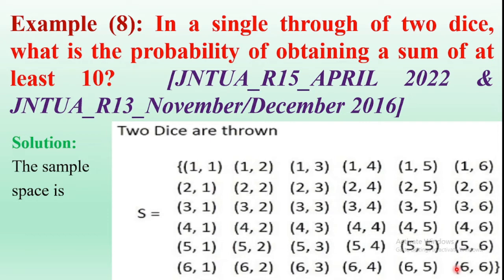Now here we want to calculate the probability of getting a sum of at least 10. So next, calculate the number of favorable outcomes. What are the favorable outcomes? Sum of at least 10 means getting a sum of 10 or more than 10. So out of these 36 possible combinations, getting a sum of 10, a sum of 11 and a sum of 12. Those combinations are (6,4), (5,5), (4,6), (6,5), (5,6) and (6,6). So these are the favorable outcomes of a sum of at least 10.